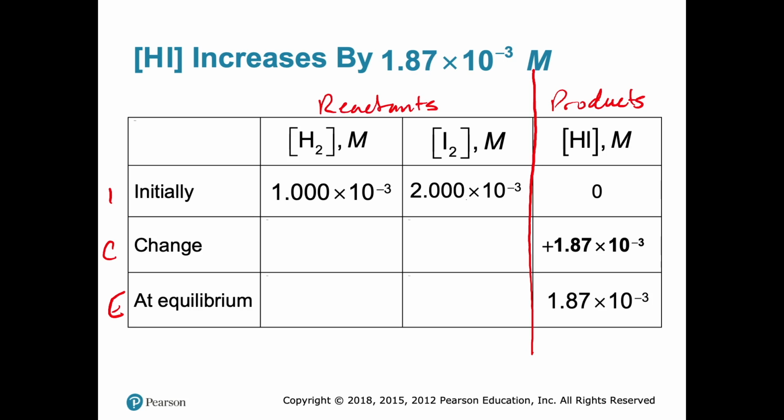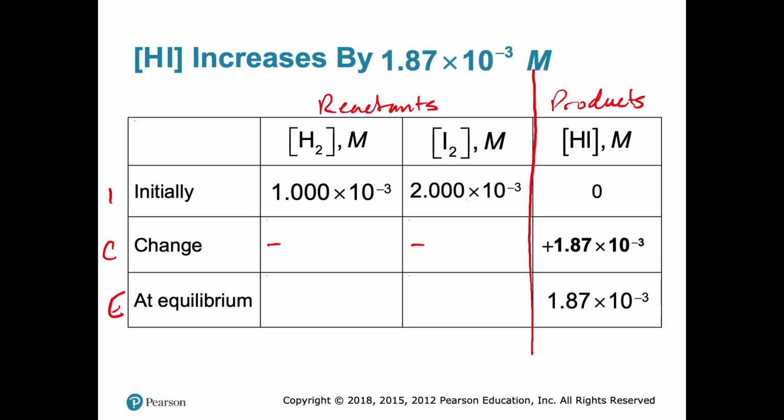And the reason I do that is because if this is the side where you gain stuff, because it's the product side, the change is positive, then that means over here on the left side these changes will always be negative, because you're losing hydrogen gas and you're losing iodine gas.